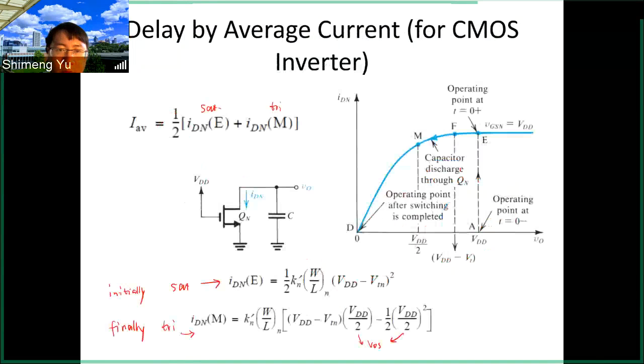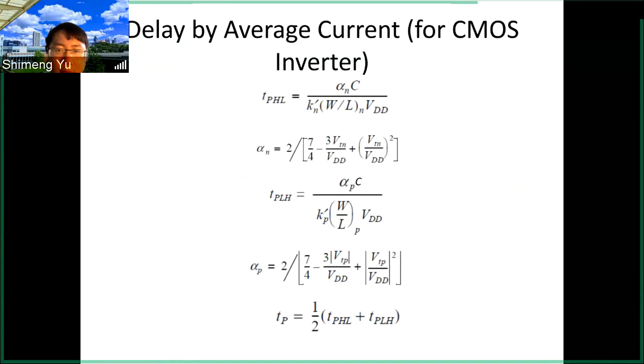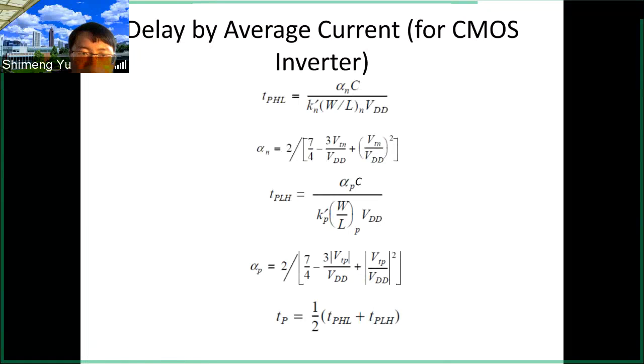So we can get the tPHL, and this uses the NMOS parameters. This is because HL is high to low, and the NMOS pulls down, so it is responsible for the high to low transition.